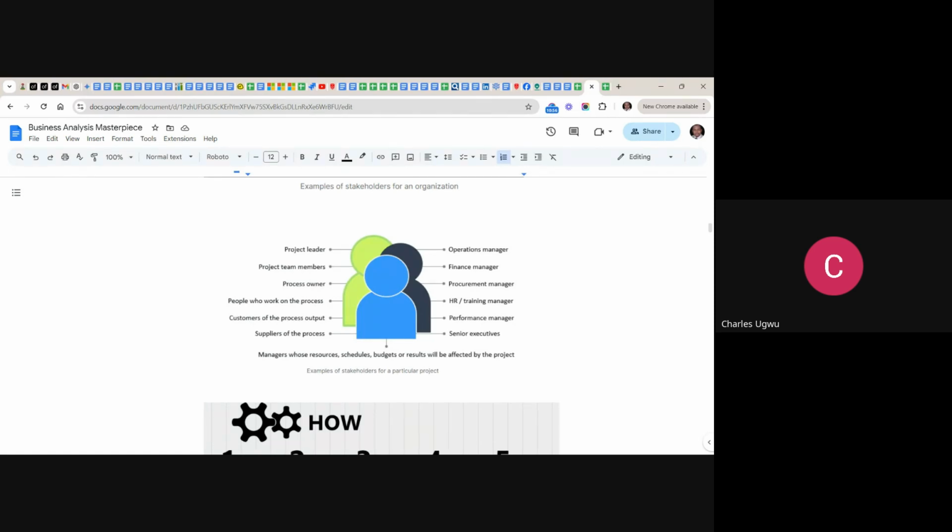The project is delaying. You captured the wrong requirement or the wrong scope from the stakeholders. So that is why you have to work with the stakeholders. You cannot avoid working with them.